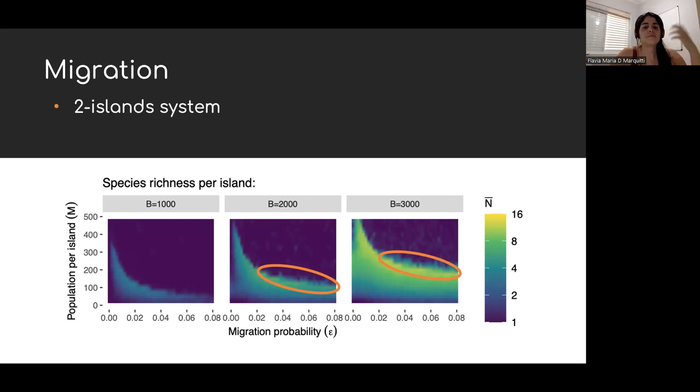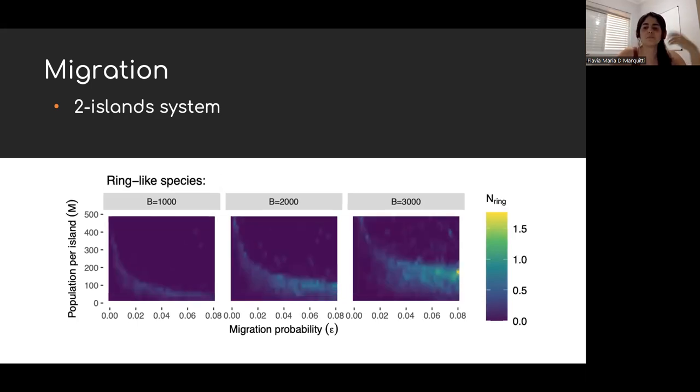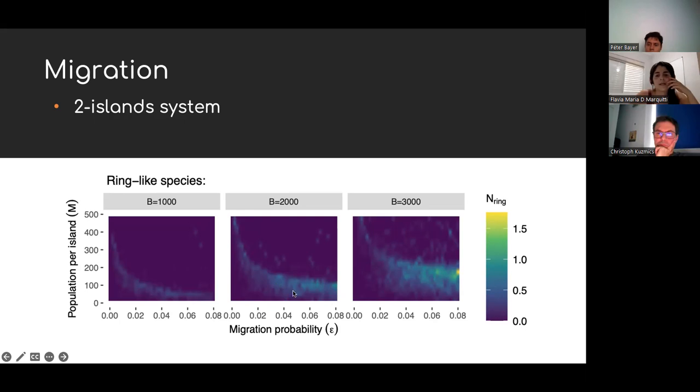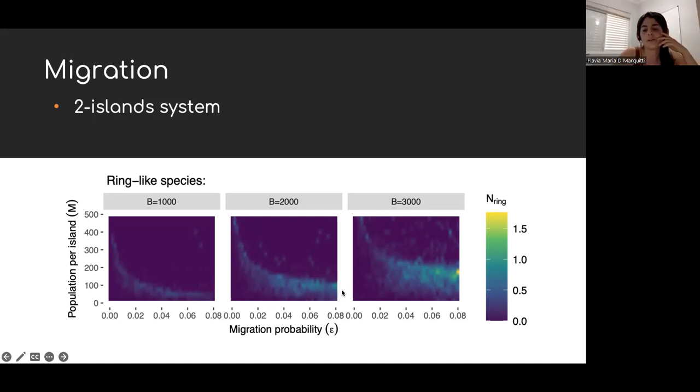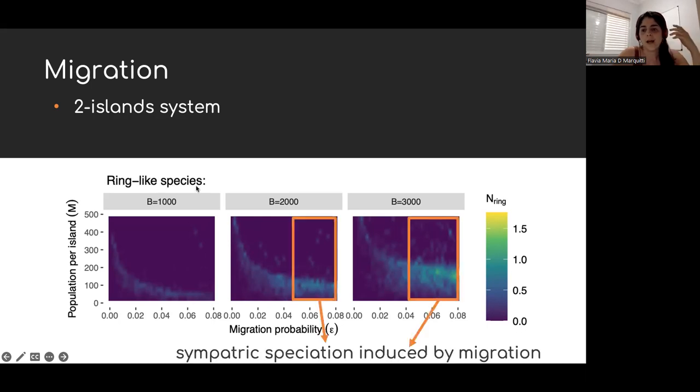And what we found was that the process making this speciation possible was ring-like species formation. I will explain better what the ring-like species mode is, but what we see here is that under a high migration probability, we have many ring-like species. And this is what we call sympatric speciation induced by migration.